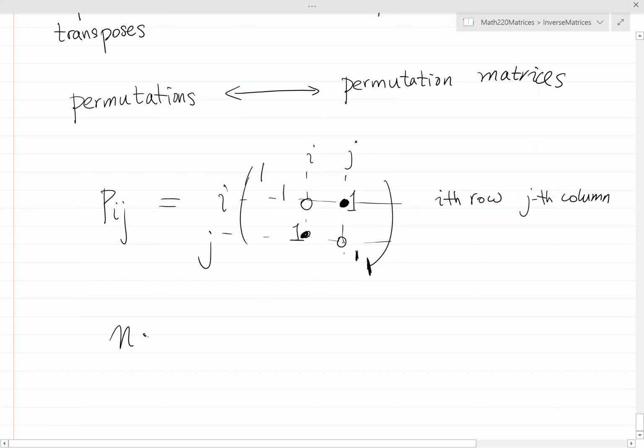Once you fix the first object, the next object has n minus 1 choices, and then n minus 2, etc. For the last object you have no choice, you just put everything in a line. So this total number of permutations is n factorial by definition. There are exactly n factorial permutations.